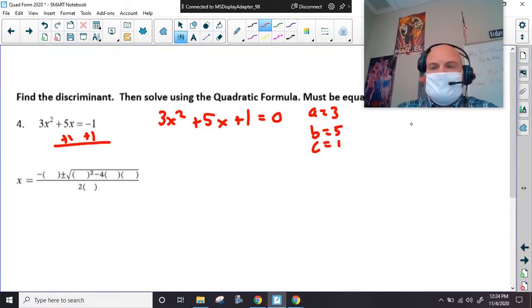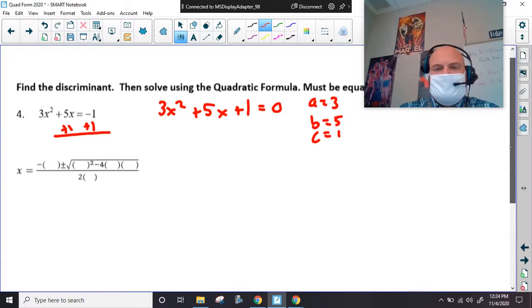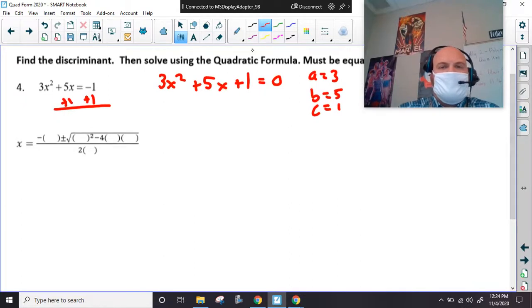Now we're going to plug this in. 5, well, that's gross. 5 goes here, 3 goes here, 1 goes here, and 3 goes here.